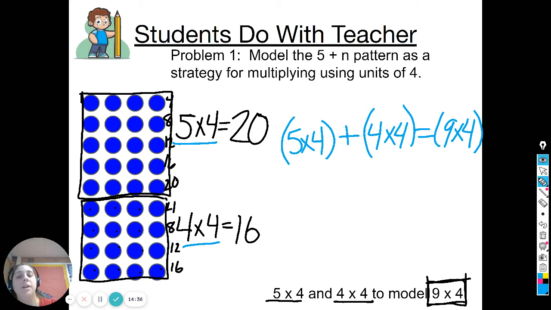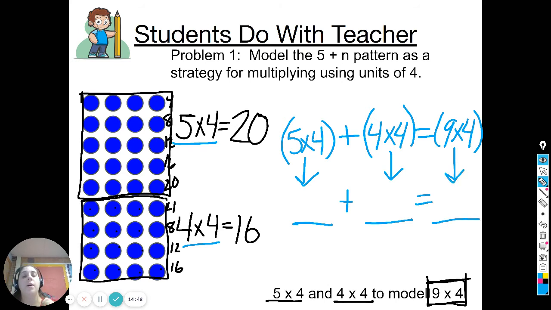Okay, so now what we're going to do is we need to solve this, and then if we add those together, that should give us our answer to 9 times 4. So go ahead and fill in those blanks. 5 times 4 plus 4 times 4, and what does it equal?